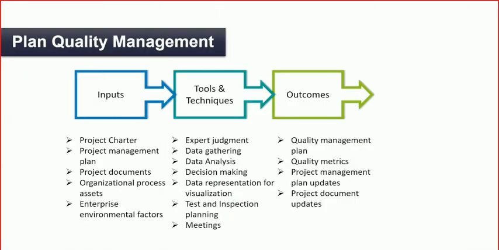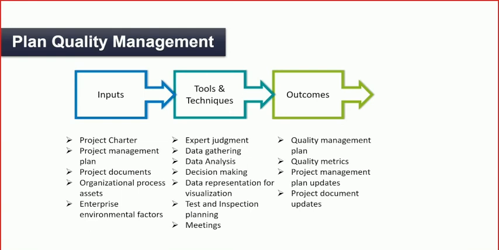Further, plan quality management. If we talk about quality management planning, the second aspect of it is that it starts from inputs, then tools and techniques, and outcomes. Inputs are in the form of project charter, project management plan, project documents, organizational process assets, and enterprise environmental factors.